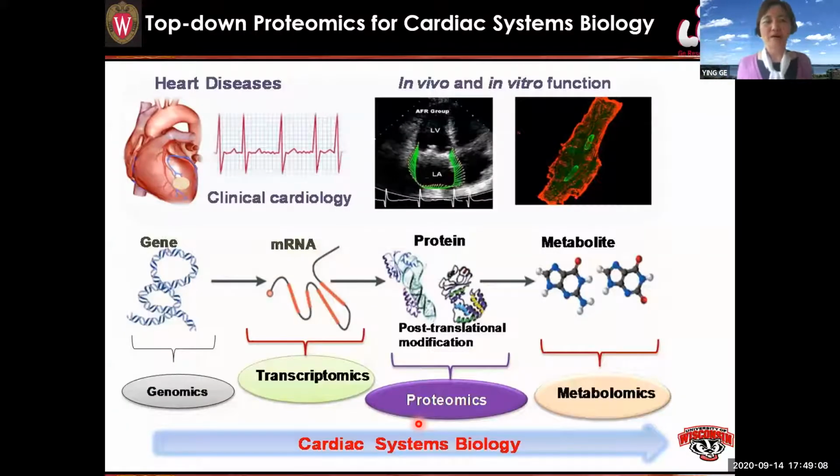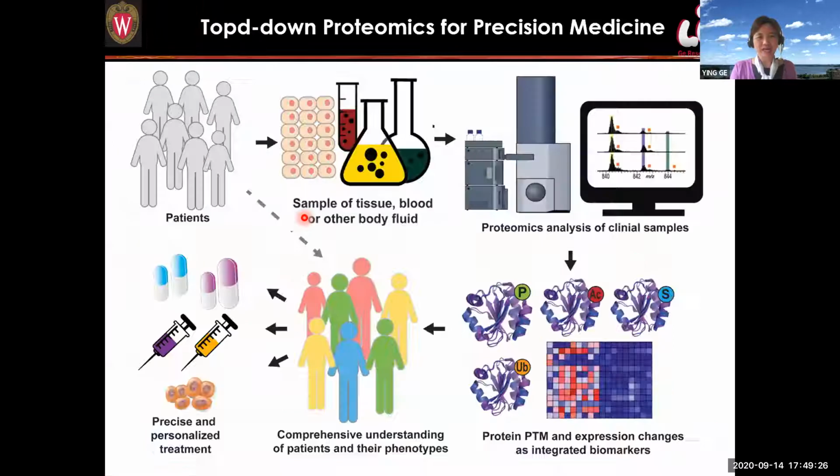Okay, so overall, we really tried to integrate proteomics and metabolomics with in vitro, in vivo functions and clinical cardiology for cardiac systems biology. This is still a long journey ahead, but we have lots of fun. And of course, we show that top-down proteomics can be used for precision medicine.